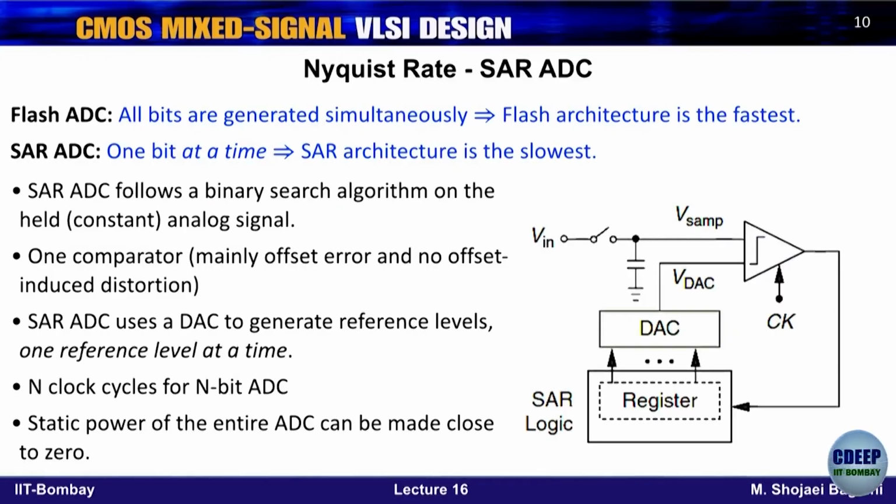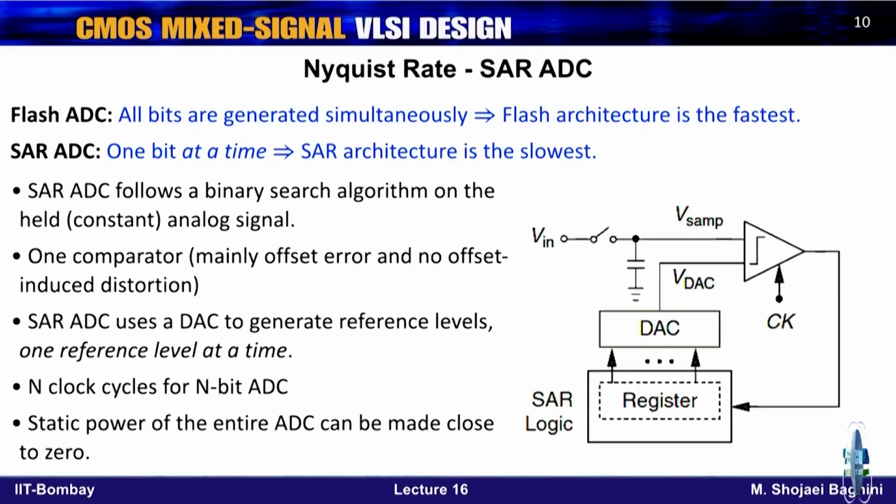So we go from the fastest to the slowest. Of course, when we move from fastest to slowest, we gain something and lose something. For example, SAR ADC is very sensitive to clock jitter at high speed applications. SAR ADC is slow, so naturally it is not used for very wide band signals.